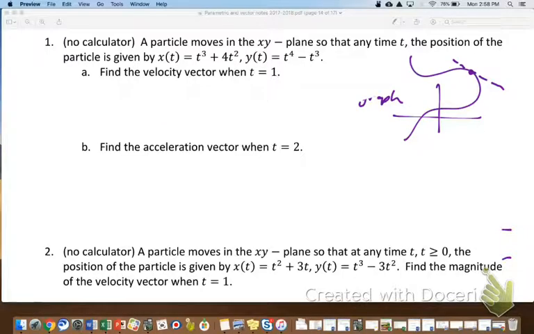We're going to be finding literally the components of velocity. dy dx would be the slope of the position function's graph. You could take your calculators, put it in parametric mode and graph it. It's going to be a crazy curvy graph, and you could find the slope at any point. That's not what this is asking, though.